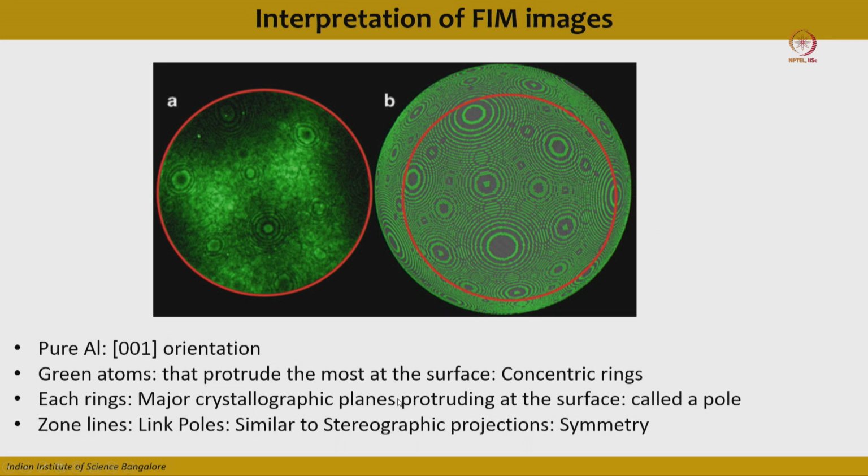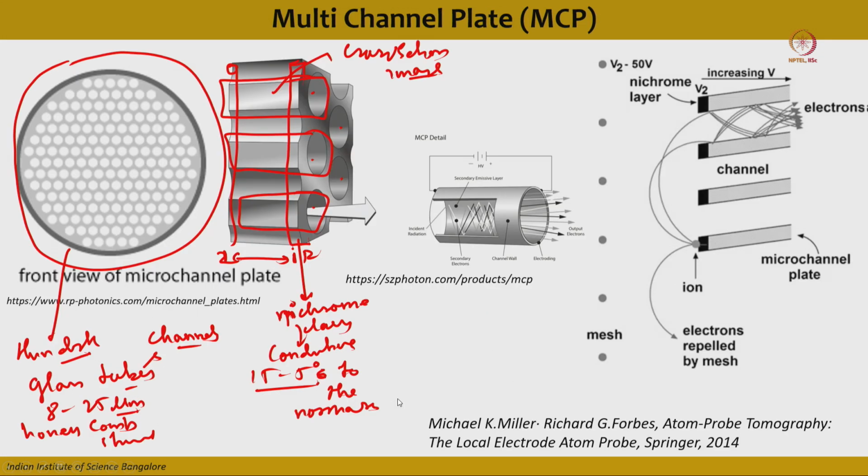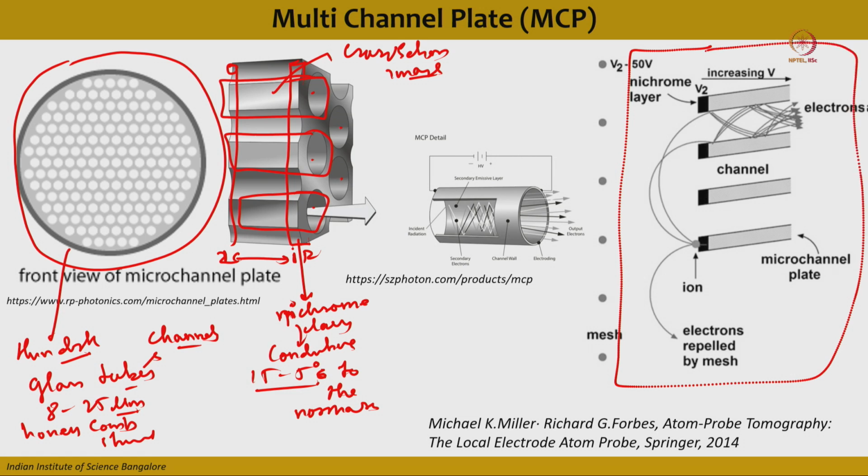In the left side you can see the cross section schematic of a typical multi-channel plate, and if this is the normal, then these multi-channel plates are aligned between 5 degrees to 15 degrees. This black shaded area is a nichrome layer.